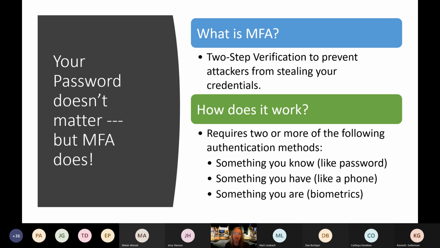MFA stands for multi-factor authentication. It is a two-step verification to prevent attackers from stealing your credentials. How it works, it requires two or more of the following authentication methods. One, something you know, like a password. Two, something you have, like a phone. And three, something you are, biometrics. Honestly, that's my absolute favorite.